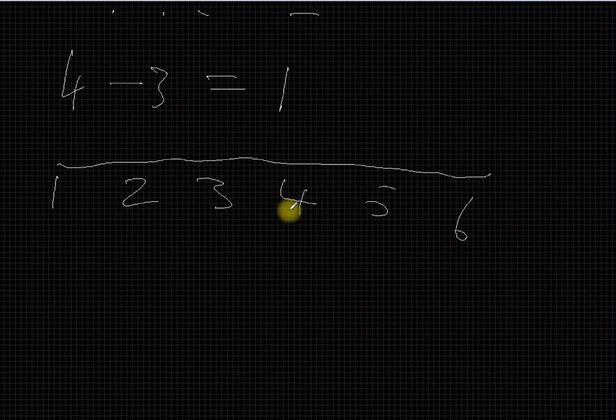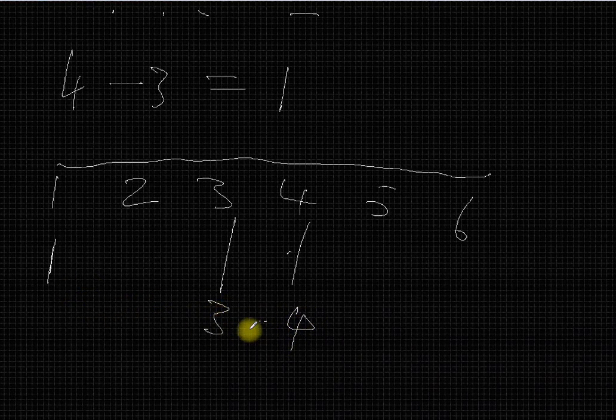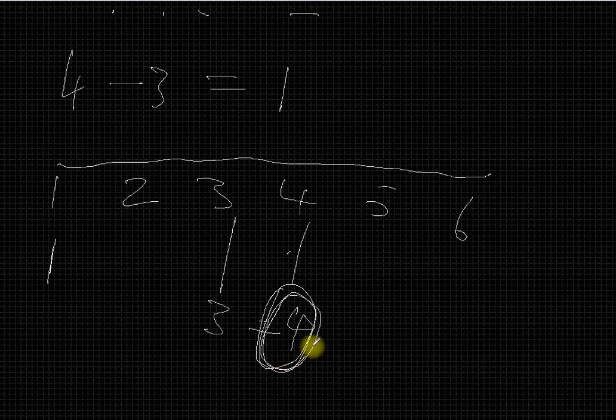So 4 minus 3 gives you 1. I don't know if you get me. So it moved to the left hand side of the 4 here.